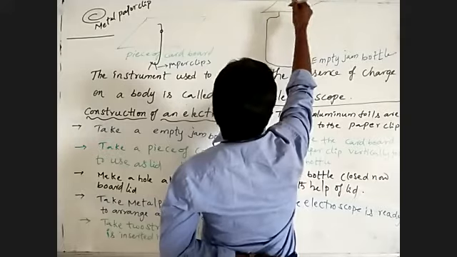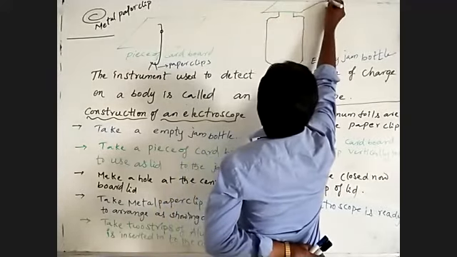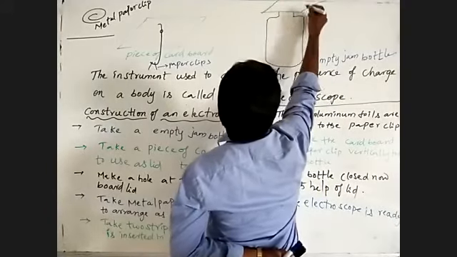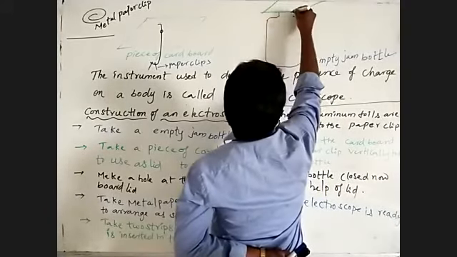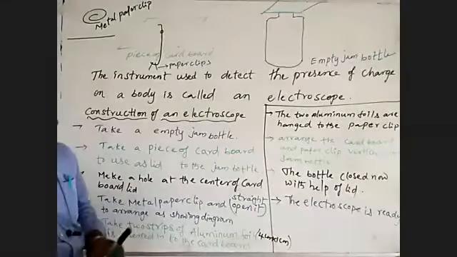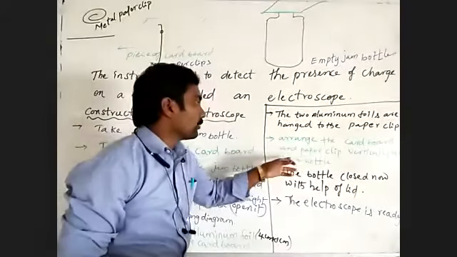It's closed, so we can't see that. Understand? This is the cardboard. See, arrange the cardboard and paper clip.